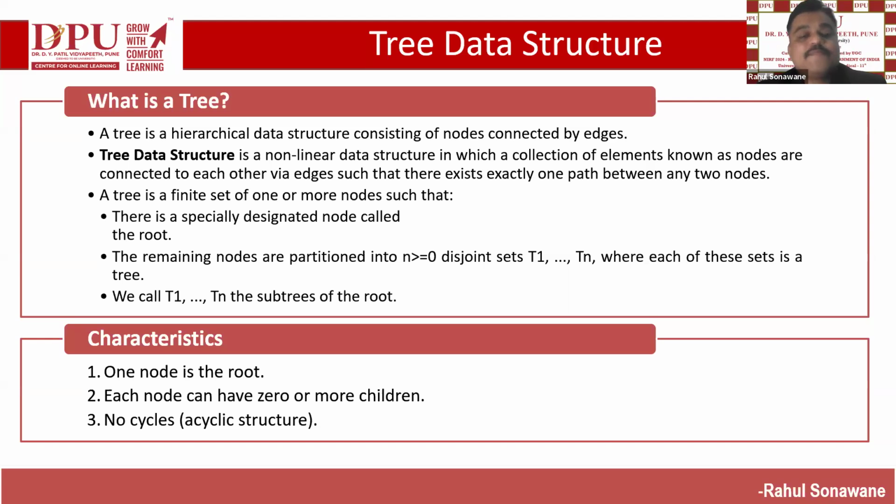We will see that. The characteristics tell us there will be one specially designated node, the root. Each node can have either 0 or more children. Mathematically, the empty set can also represent a tree, because the definition says there can be 0 elements within the tree.